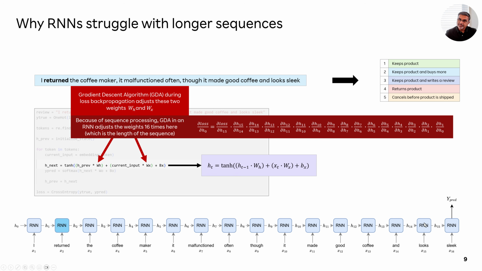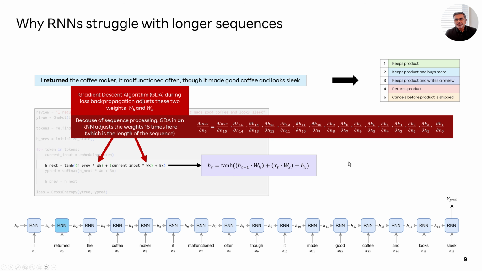Then I go back and ask how much adjustment do I again make to the same weights, WH and WX, in this timestamp so that the final loss is less. And then you go back again, and so on. So essentially, you go back like this and you multiply these losses. This is basically high school level calculus, essentially a differential equation.